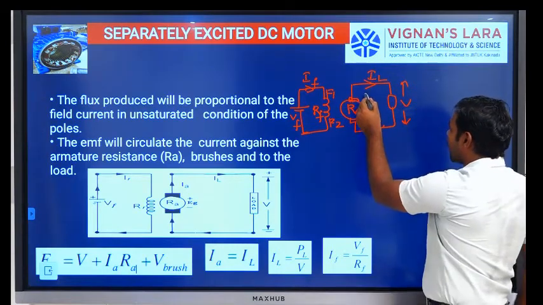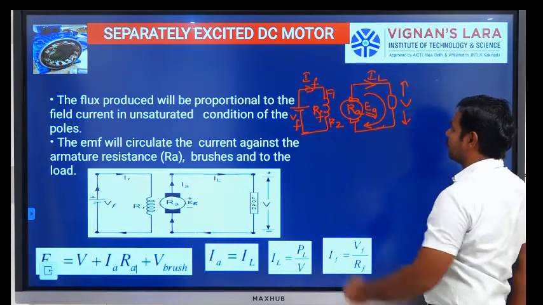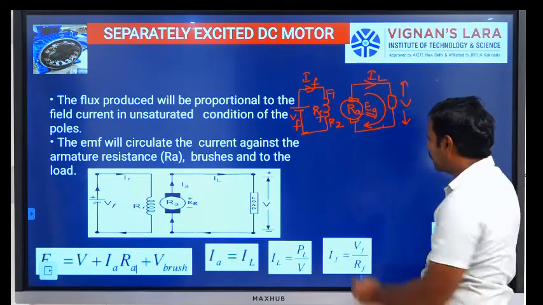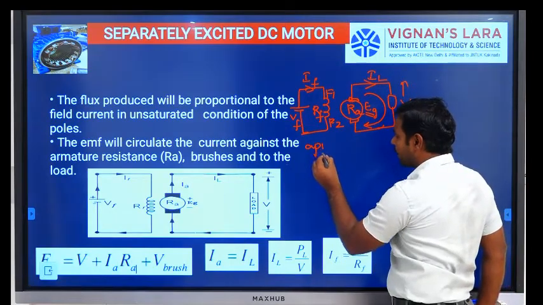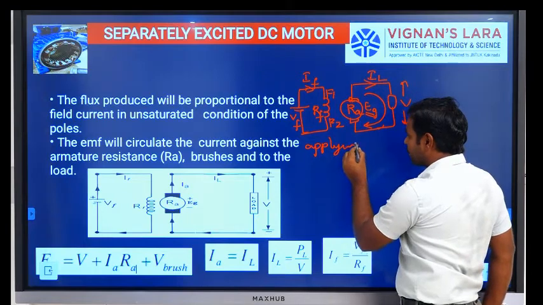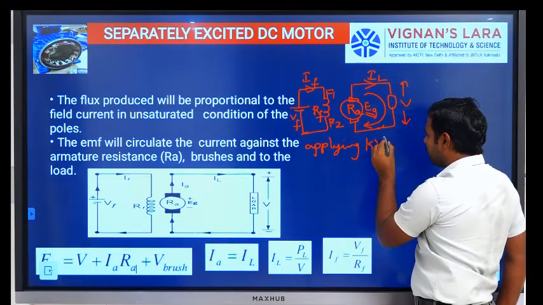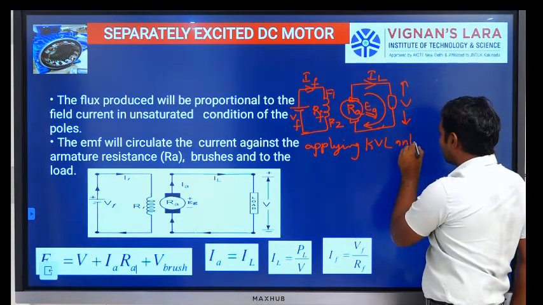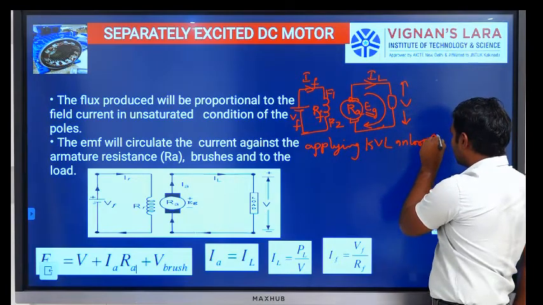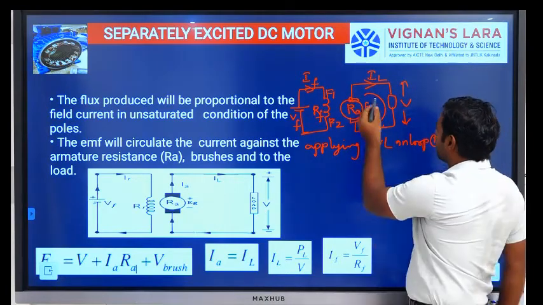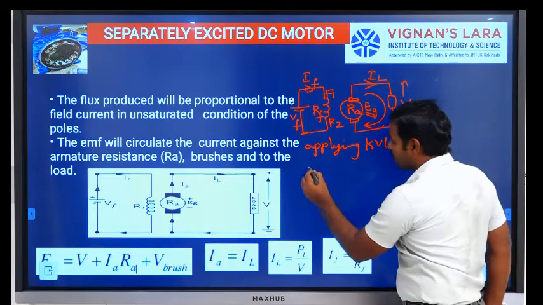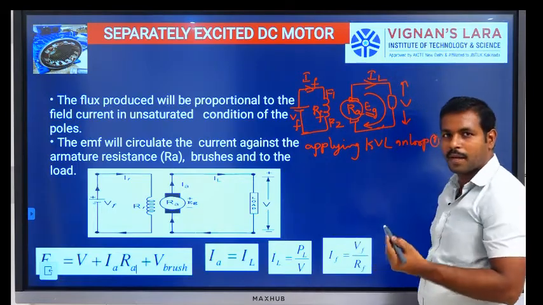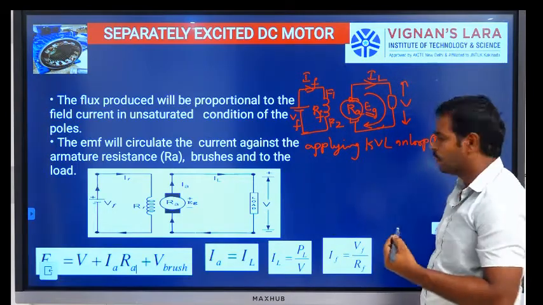Applying KVL in loop 1, the algebraic sum of all the voltages must be equal to 0.